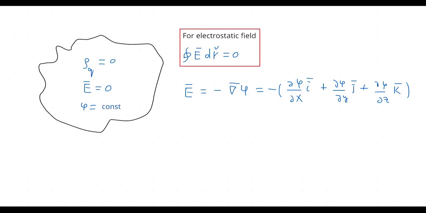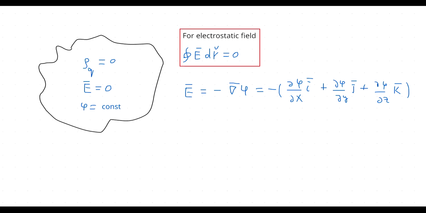Electrostatic potential is always constant inside and on the surface of the conductor.